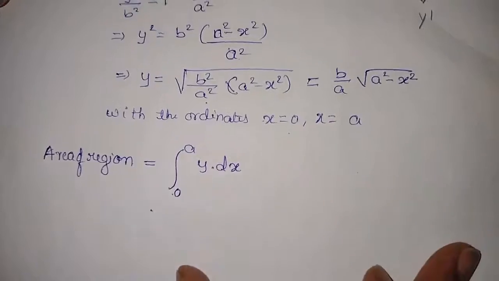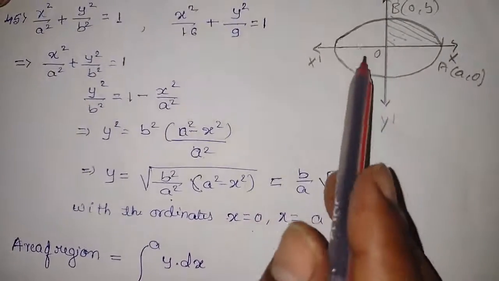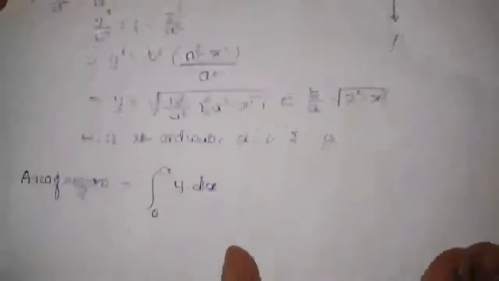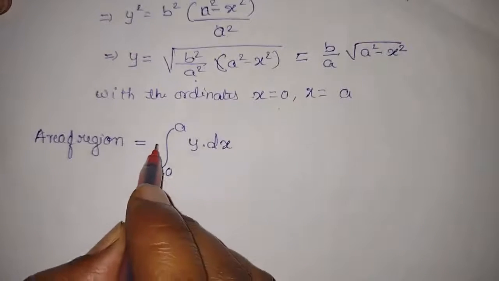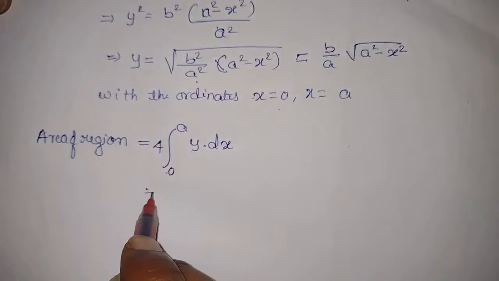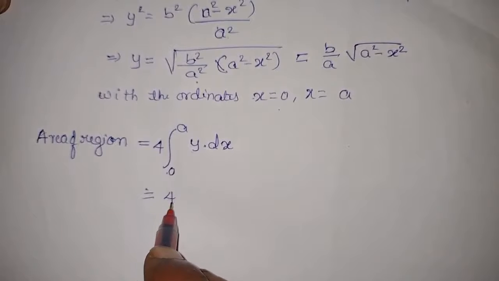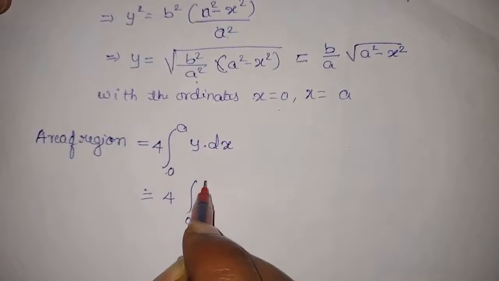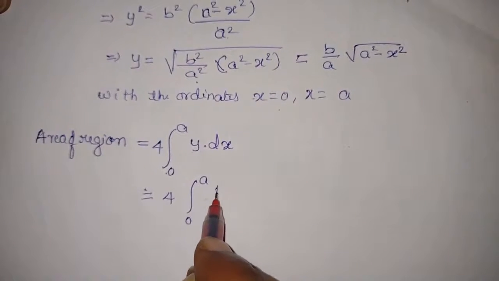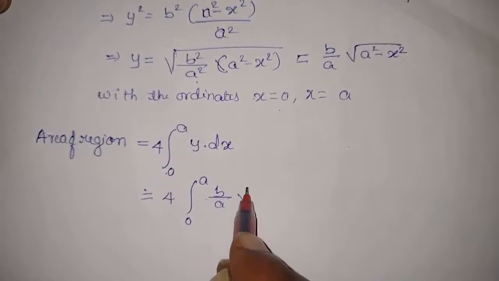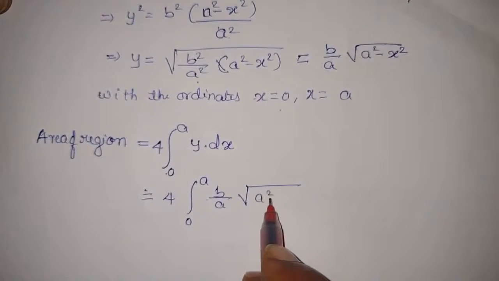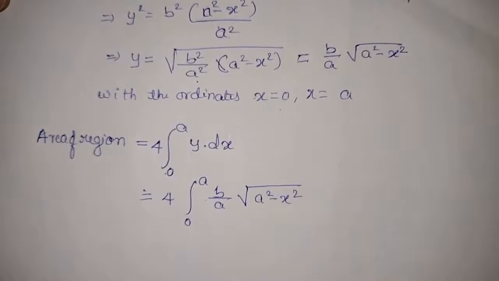Because there are 4 regions, we have to directly multiply by 4. So it is equal to 4 into integral 0 to a, where y means b by a square root of a square minus x square.